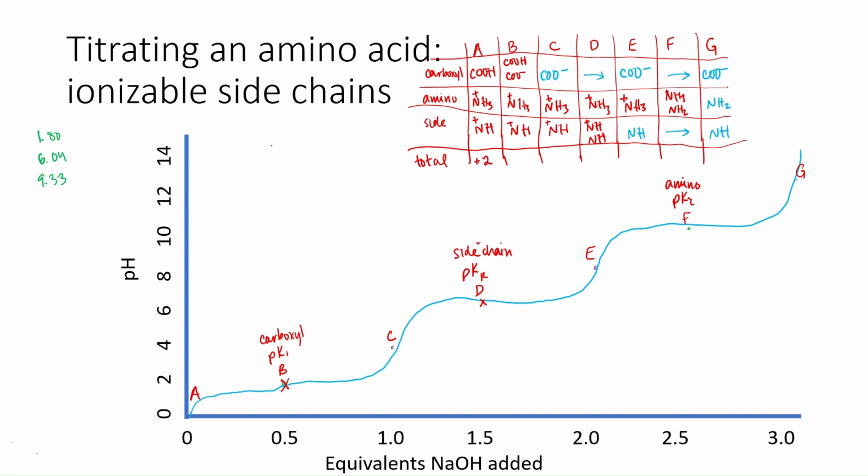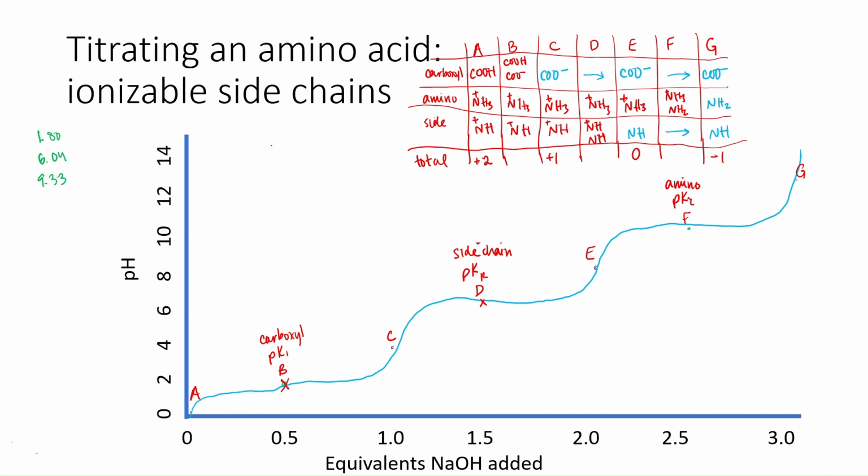At point C, we have 1 negative and 2 positives, so we're at +1. At point E, our next equivalence point, we have 1 negative, 1 positive, and 1 neutral, so we are at 0. And at point G, our last equivalence point, we have 1 negative and the rest neutral, so we're at -1. So that's great for our equivalence points.